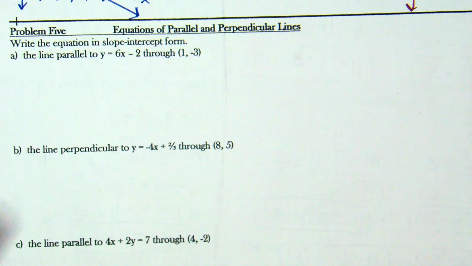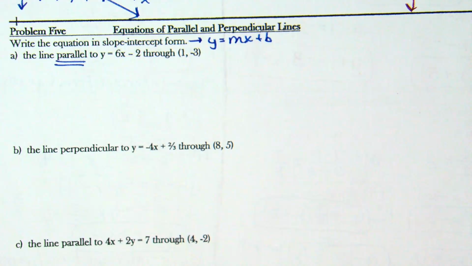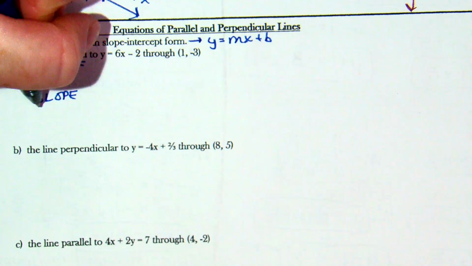So if you know the slope of one line, you know the slope of the parallel line. Do we know the slope of the given line? Yes. Y equals 6x minus 2. What is the slope? 6, yes?